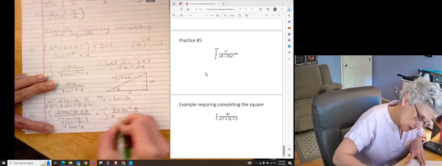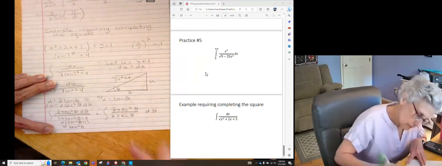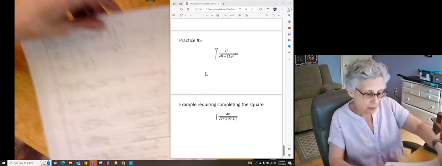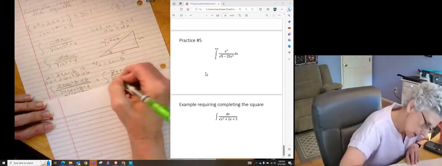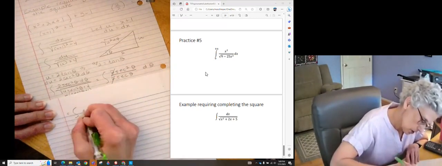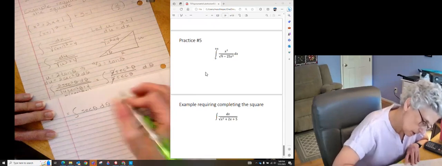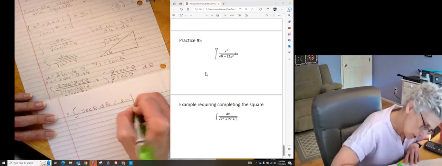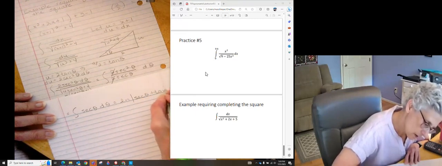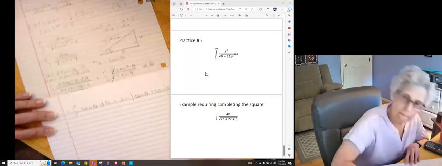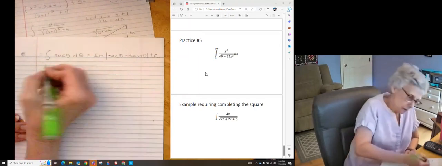Square root of 4 is 2. Square root of secant squared is secant of theta. I can cancel away one of those secants, and I can cancel away the 2. So this is just secant of theta d theta, which is the natural log of the absolute value of secant of theta plus tangent of theta, plus a constant.